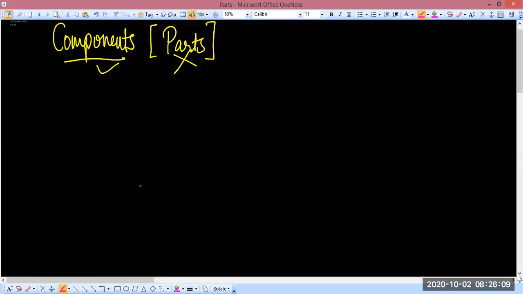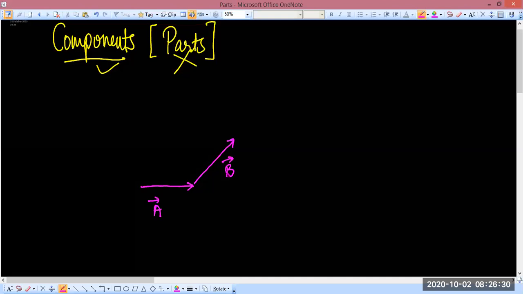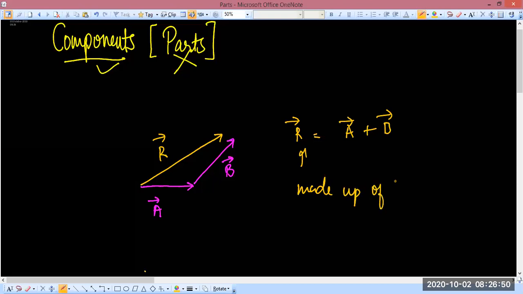Let's say that this is one vector A. And here suppose is another vector B. Then if you draw the R vector by following, let's say, the triangle law, you get R vector equal to A vector plus B vector. Now what this means is this R vector is actually made up of two vectors.